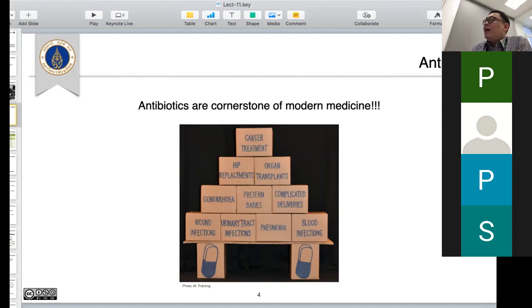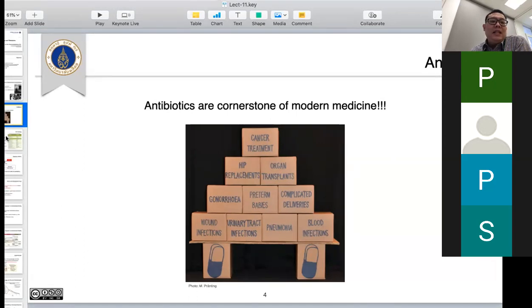In cancer, doctors still use antibiotics heavily to prevent infection. That's important. So antibiotics are now a key to success in medicine.